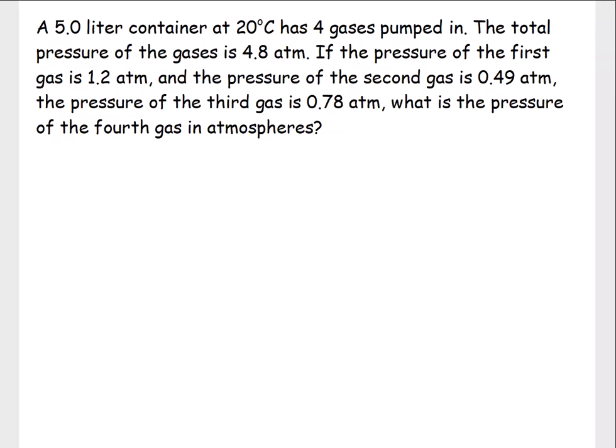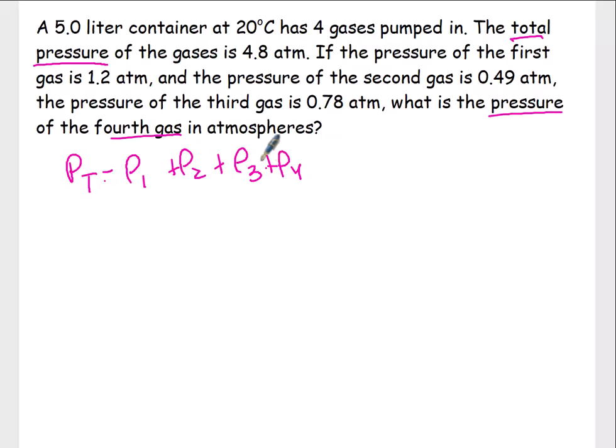So in this problem, it's talking about total pressure and that we have 4 gases, and we're trying to find the pressure of the 4th gas. So we have PT is equal to P1 plus P2 plus P3 plus P4.